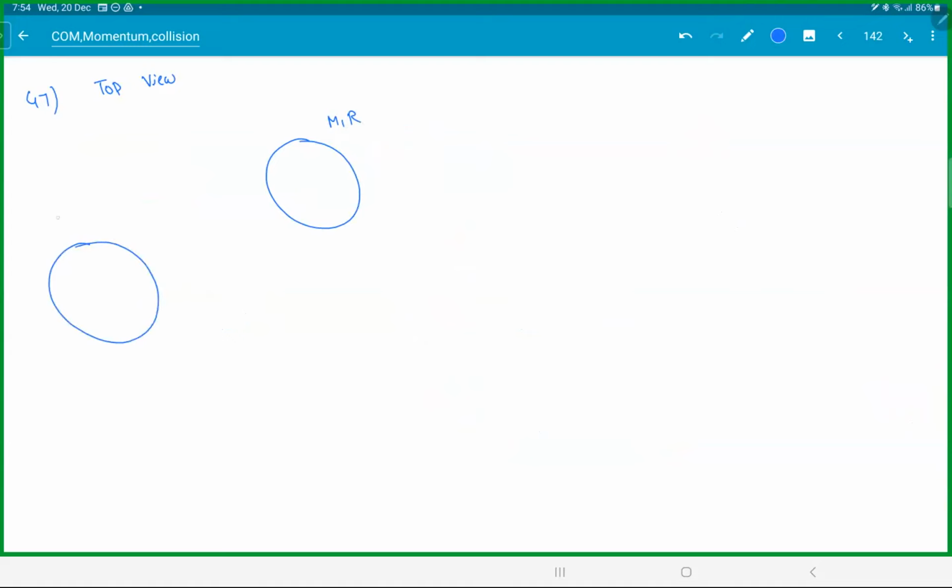We have another striker here, let's say 3m and r. This is speed u. This is going like this. This is the center. So from center to here, this distance is root 3r. And let's say e is equal to half. Find final velocities.